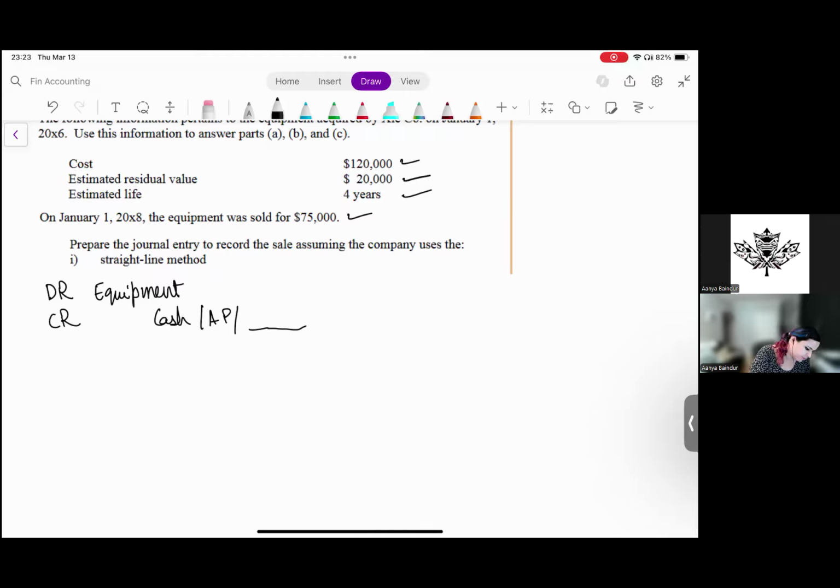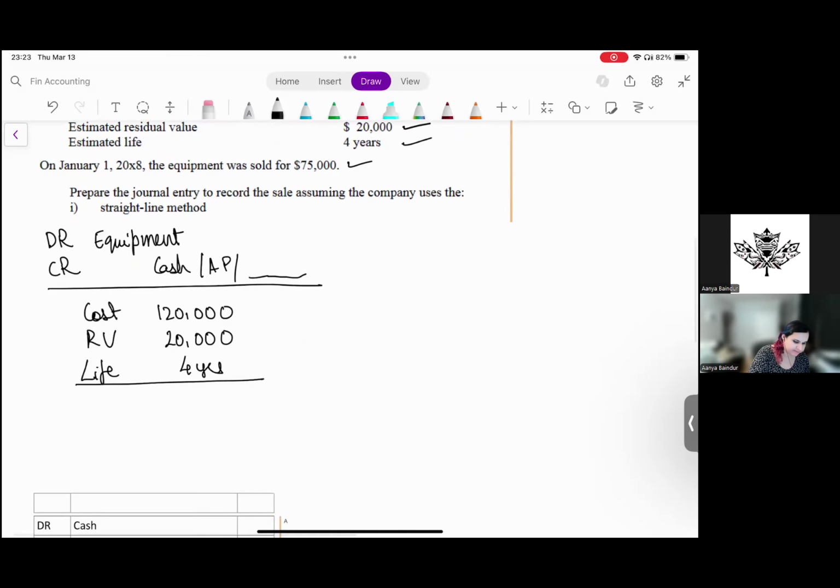So we have the original cost, 120,000. We have the residual value, which is 20,000. And we have the lifetime, which is 4 years. Using the straight line method, we can find out what the annual depreciation is.